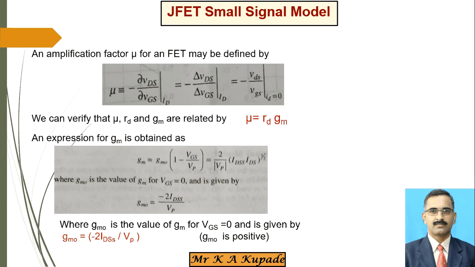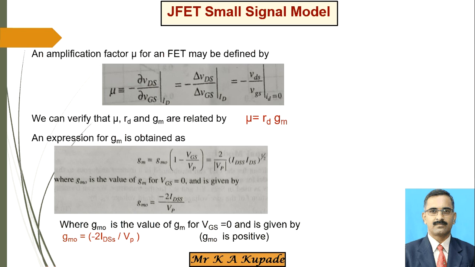Next is the amplification factor mu for an FET, which may be defined in this small signal model as mu nearly equal to minus the derivative of VDS with respect to VGS for that ID, equal to minus delta VDS upon delta VGS for that ID, so mu is equal to minus VDS upon VGS for ID equal to 0.